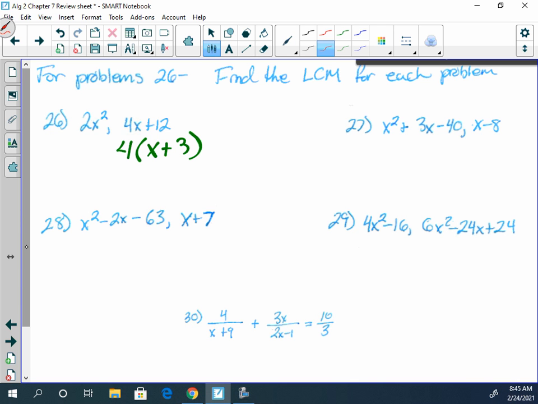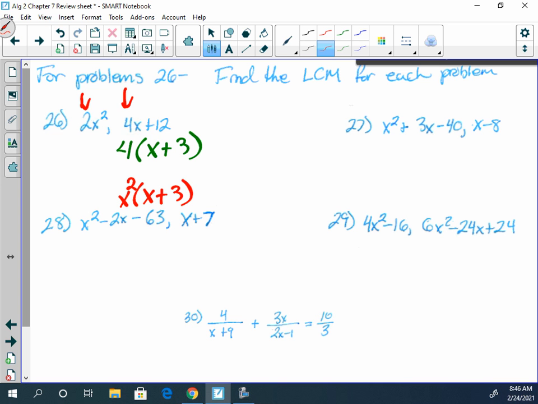Now, to get the least common multiple, one of the things I do know for sure is that I'm going to need an x plus 3. For them to both be the same, they're both going to need an x plus 3. What else do we know they'll both need? Well, an x squared, yes, because 2x squared has an x squared, so to get them to be the same, they're both going to need an x squared. Now we're left with the 4 and the 2, yes? What's the smallest number that I can make 2 and 4 be the same?